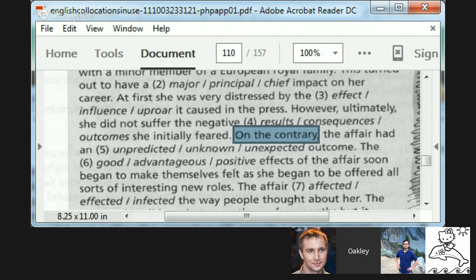And good collocation. Hogan. On the contrary, the affair had an unexpected outcome. I agree. Probably something surprising. Okay, great. Alex.